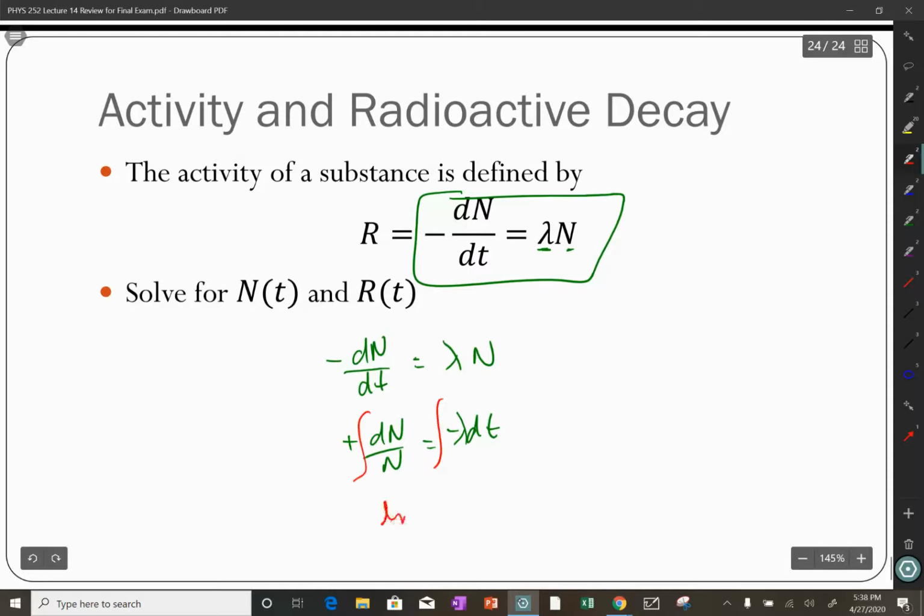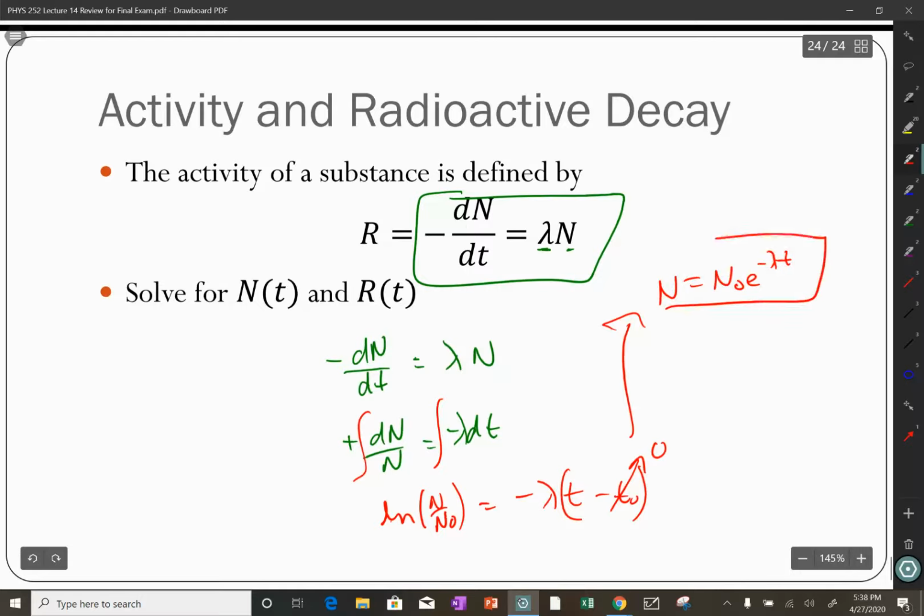I'm going to have the natural log of N over N initial equal to minus lambda times (t minus t initial), which we just set t initial to 0. If I solve that for N, I get N equals N0 e to the minus lambda t. And so that is the number of nuclei I'll have remaining at time t.